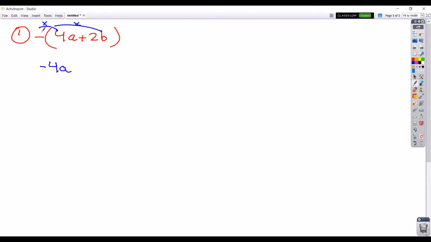Remember that we consider the sign outside the bracket and the sign inside the bracket. When we multiply negative with a positive, it makes a negative. So here we have a negative sign outside the bracket, positive inside the bracket. When you multiply them together, you'll come out with minus 2b. So we have minus 4a minus 2b. We cannot simplify it more, so this is the simplification of the expanding bracket.